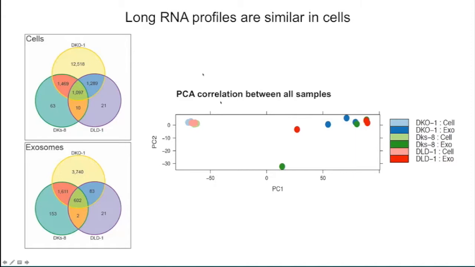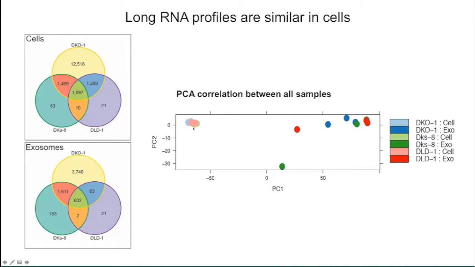But I'm going to focus over here on this principal component analysis. So in this case, if we do the reads for all of them, you'll see that between the 3 different cell lines that we're using, the long RNA-seq profiles are almost indistinguishable between the cells.